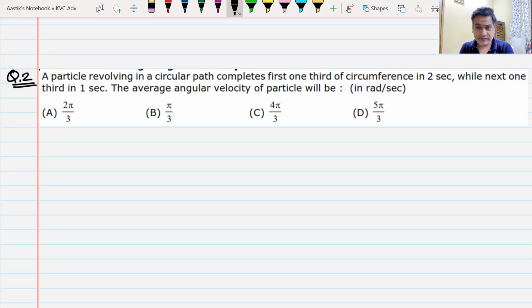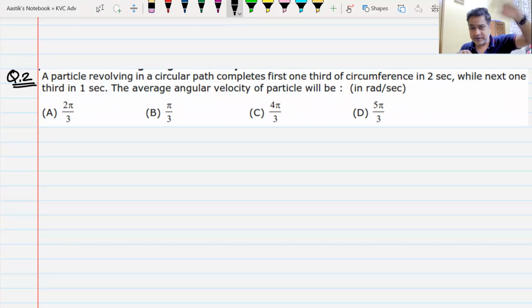Now this question is similar to one where a particle completes 1/3 of a straight line in 2 seconds and the rest in 1 second, and you have to find the average velocity. Here they are asking average angular velocity. Do we understand this?